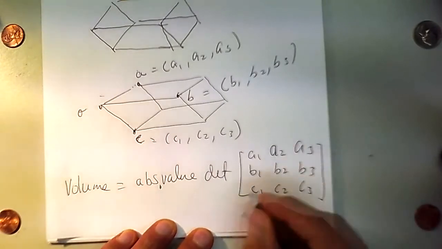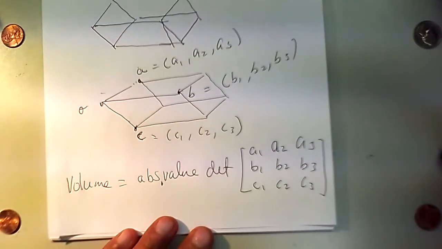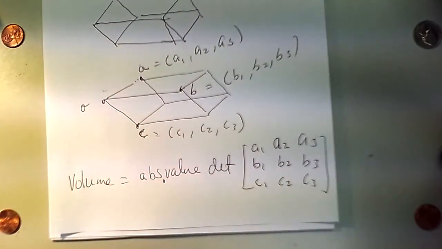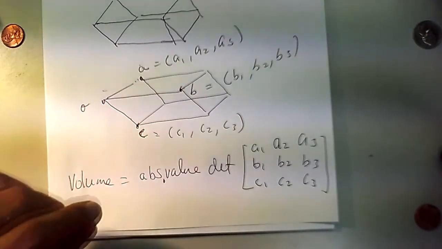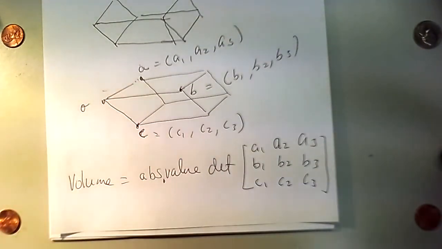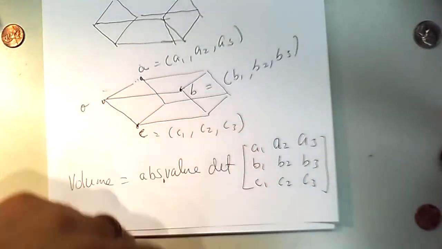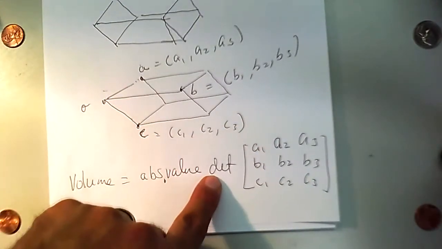And you can put them as columns or rows. It doesn't matter because the determinant of the transpose of a square matrix is the same as the determinant of the regular matrix without transposing it. So the determinant is going to be the same.